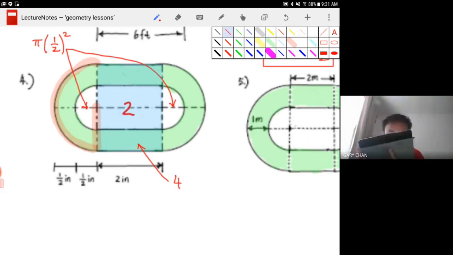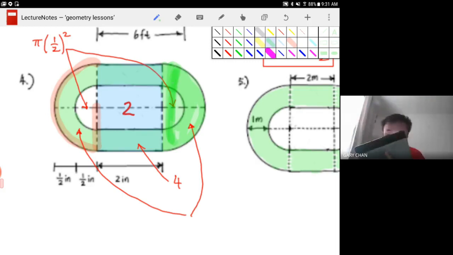Lovely. And then we're going to need the area of those semicircles, the overall semicircle. I'm talking about that whole green semicircle.